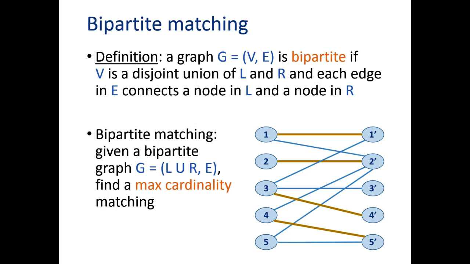In this case, you can find this other matching of size 4. It takes a little bit more effort to establish that 4 is actually the best you can do. It's not immediately obvious why you cannot have a matching of size 5. Maybe there are ways to argue it, but they're not completely trivial.